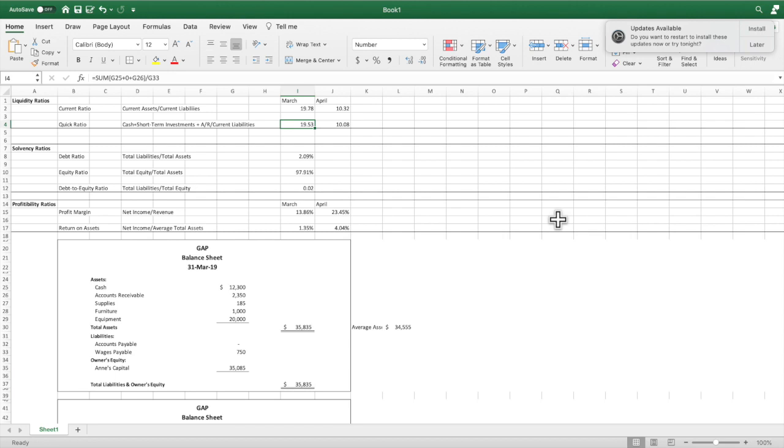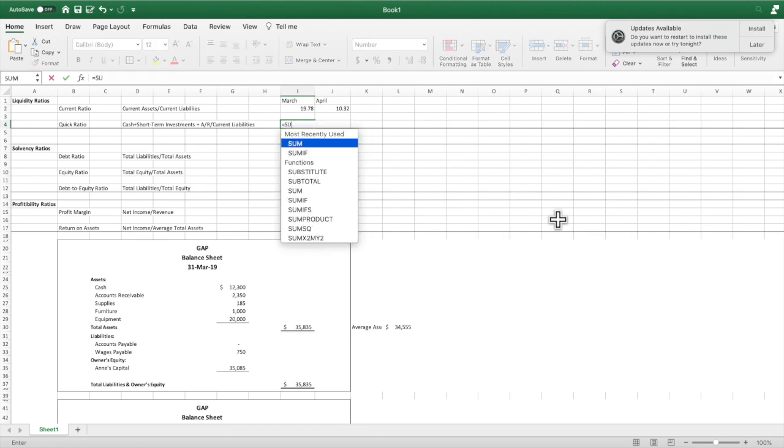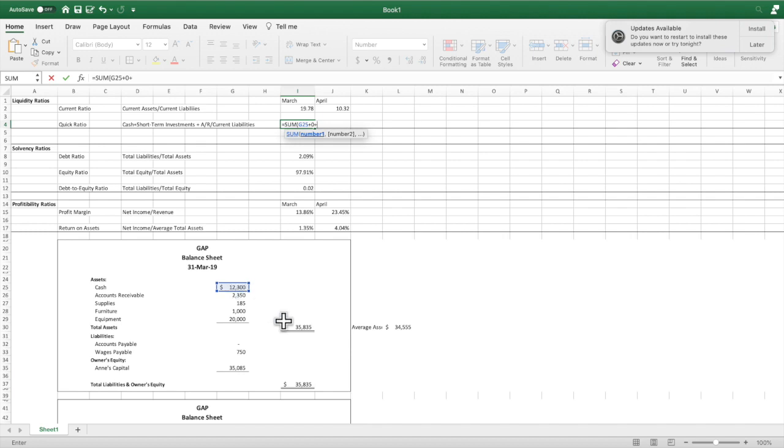So we're going to take equals sum of cash plus 0 for investments to know that we do not have any investments, and plus accounts receivable. We're going to close that off and divide it by our liabilities here. And it's going to be 19.53 to 1.